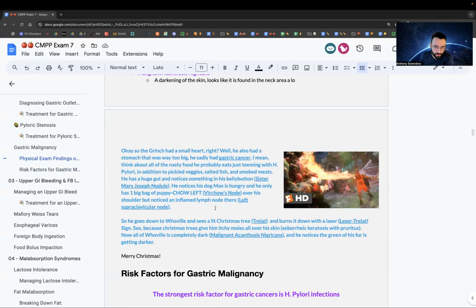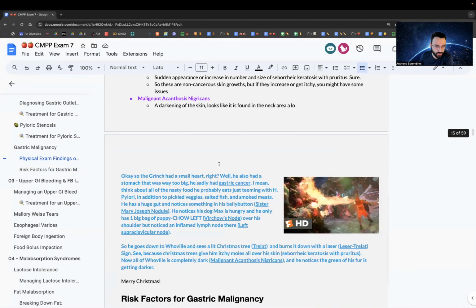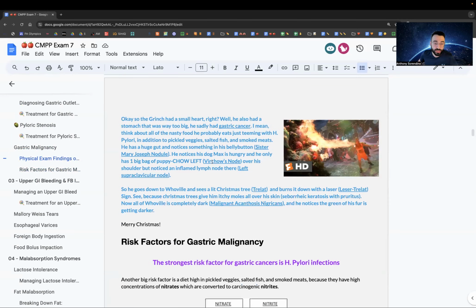But in addition to pickled veggies and salted fish and smoked meats, which is all going to contribute to this, he has a huge gut and he notices something in his belly button. So that's the Sister Mary Joseph's nodule. He notices his dog Max is hungry and he only has one big bag of puppy chow left. So he takes this bag of puppy chow, slings it over his left shoulder because it's the last bag he has left. So this is that Virchow's node, which is on that supraclavicular on the left side.